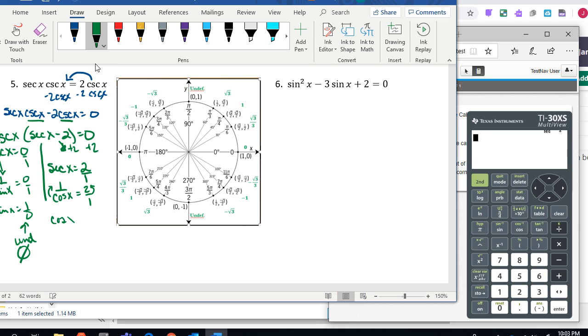So cosine x equals 1/2. So where is cosine 1/2? And it's only positive, so it's there and here. So that's at 60 and 300. This had only two answers. X is equal to 60 and 300 degrees. This had no answer, so that first piece, it doesn't happen, okay?